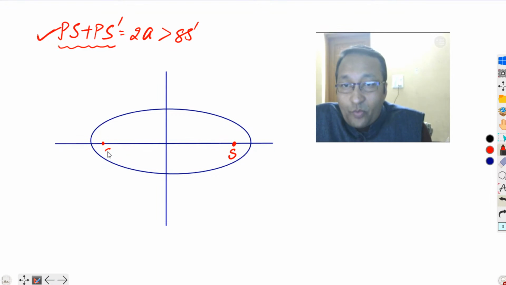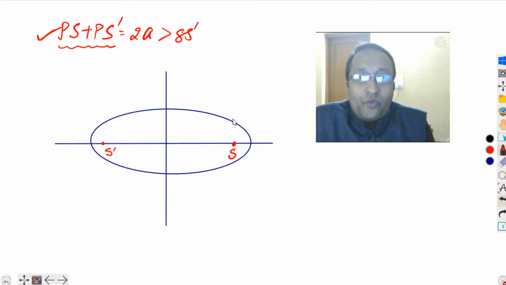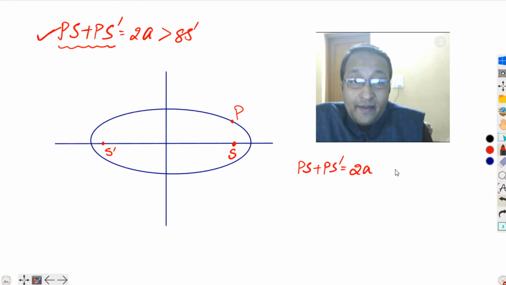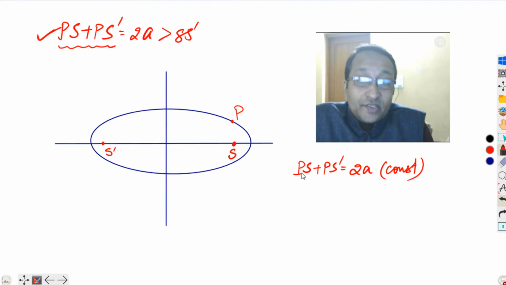I take 2 points S and S dash, the foci of these. I take any random point P on the ellipse, and I know PS plus PS dash is 2A, which is constant, and this is for every P on the ellipse.